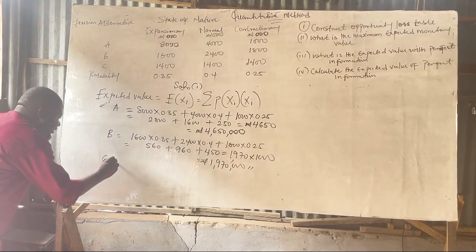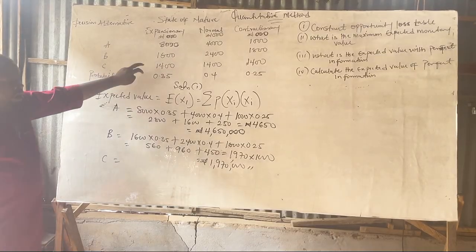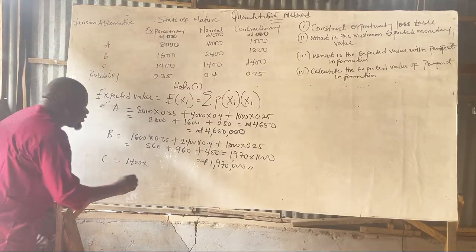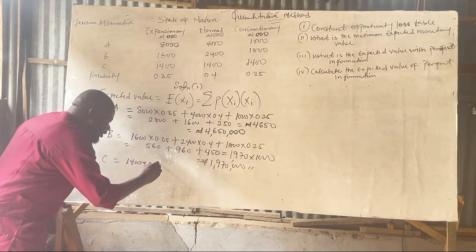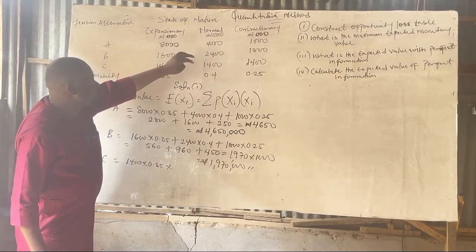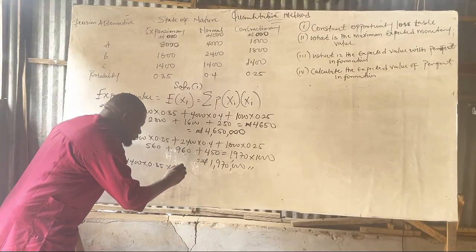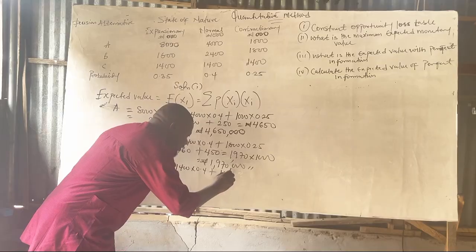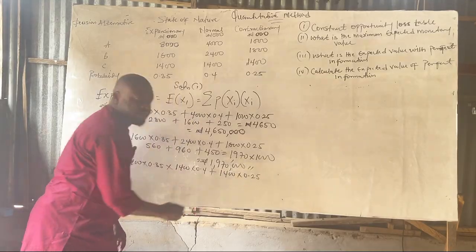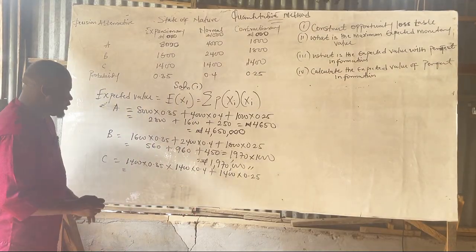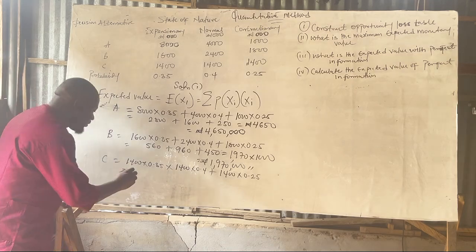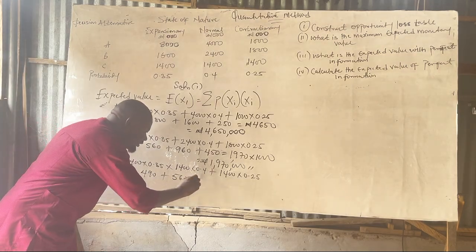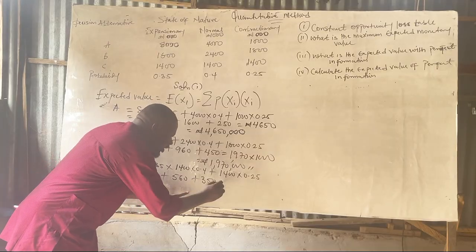Now for C, for security C. What's the probability here? So that's 1,400 times 0.35 times 1/4. Plus 1/4 times 0.35, so 490 plus 560 plus 350.